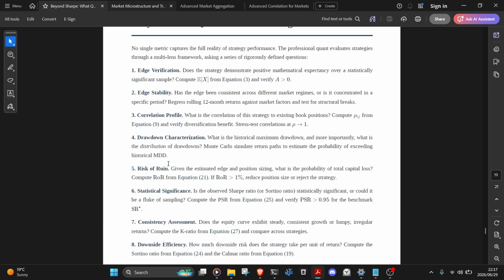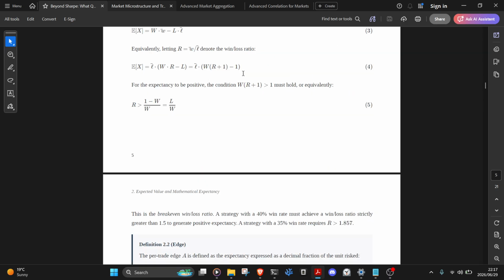Compute the expected value of X from equation 3 and verify that A is greater than 0. Let's go look at equation 3 if you're not familiar with it.